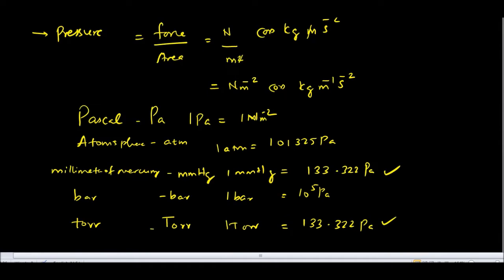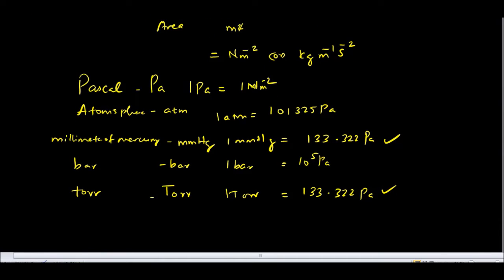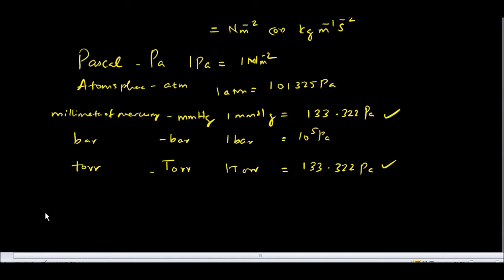And the other unit will be pound per square inch, given as PSI.